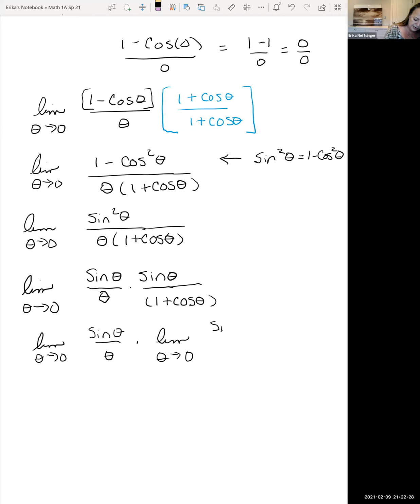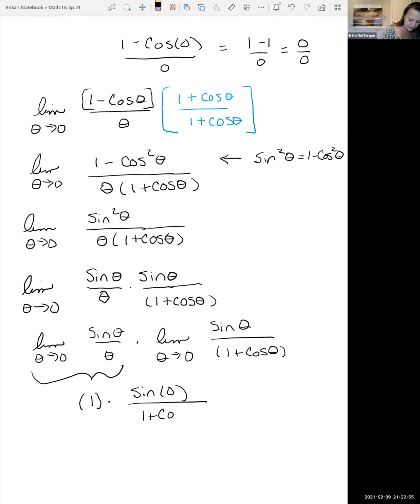And so let's go in now and do direct substitution or use what we just proved. So that first piece we just showed was 1. So this here, by that theorem, was 1 times, so let's go in and again do direct substitution. So this time when I go in here and I plug in 0 wherever I see a theta, I would have sine of 0 all over 1 plus cosine of 0.